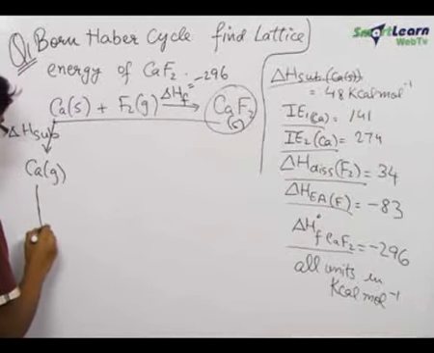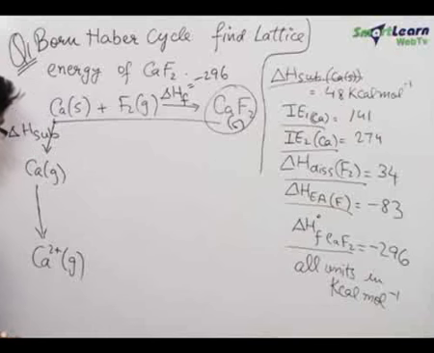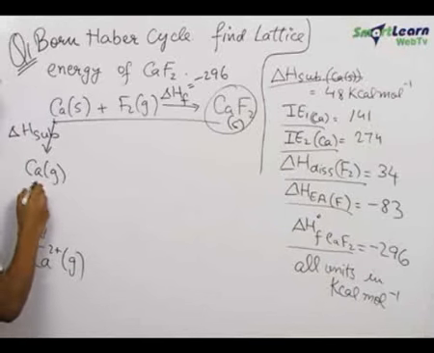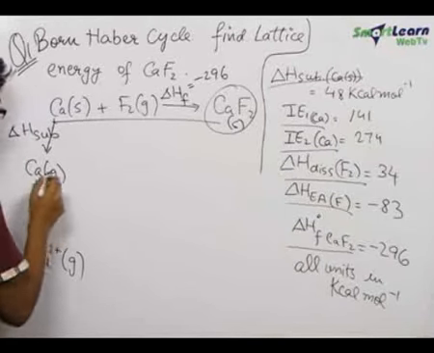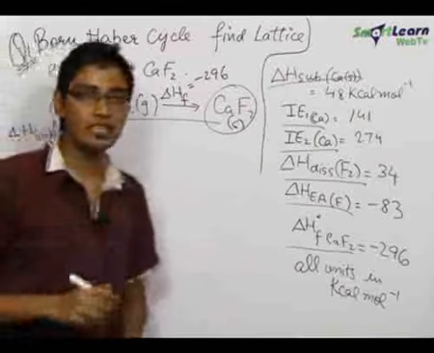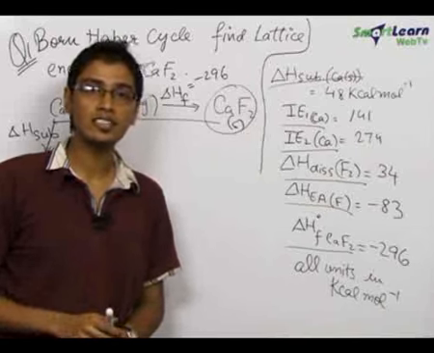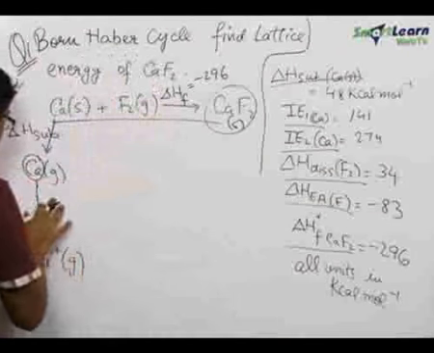Now this calcium needs to be converted into calcium ions in the gaseous state. Firstly, the calcium gas will be converted to Ca plus in the gaseous state, and then this Ca plus will be converted into Ca 2 plus in the gaseous state. So there are two steps involved.